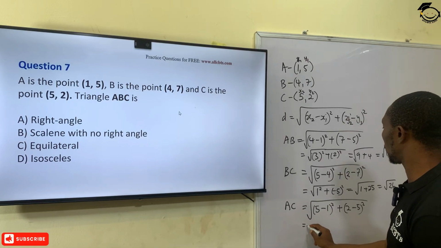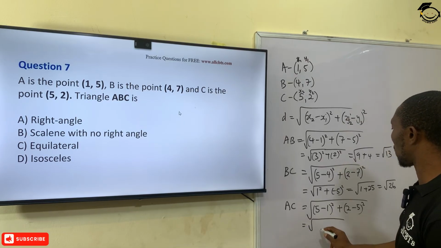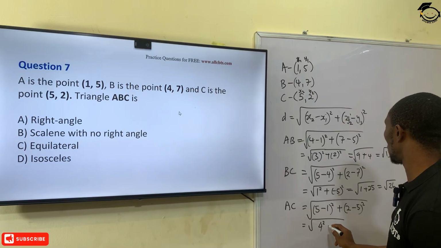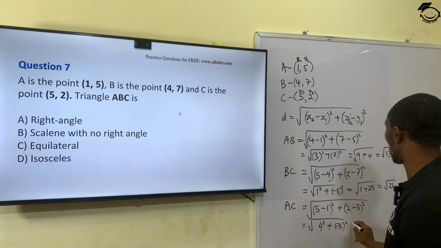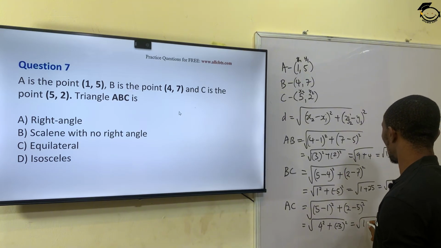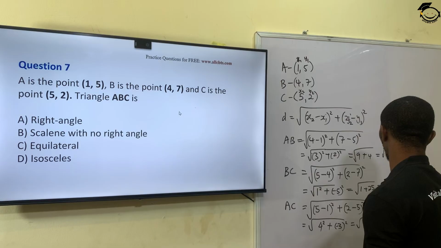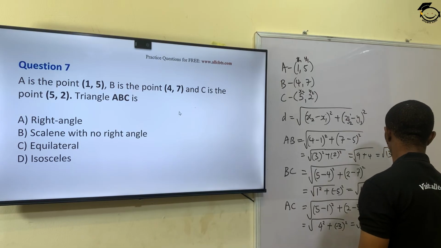So this will be root of 5 minus 1, which gives us 4 squared, plus 3 squared. So this will give us root 16 plus 9, which is root 25.